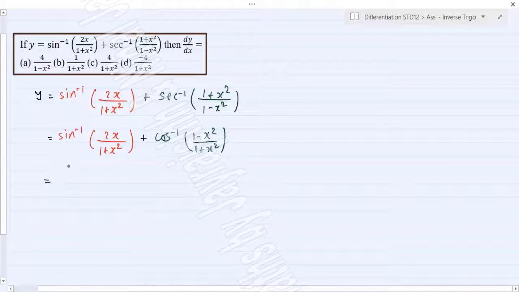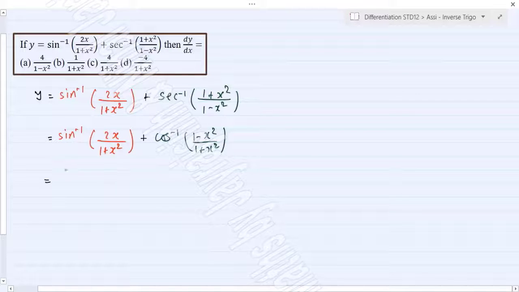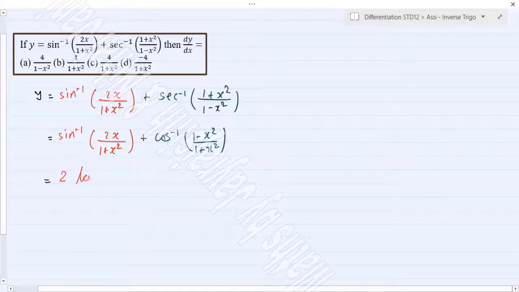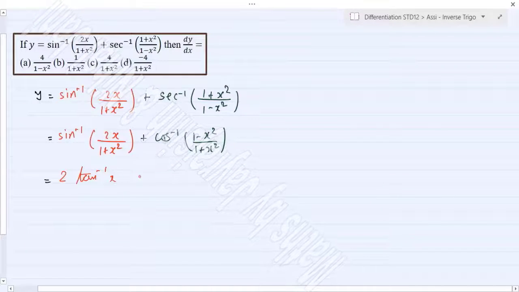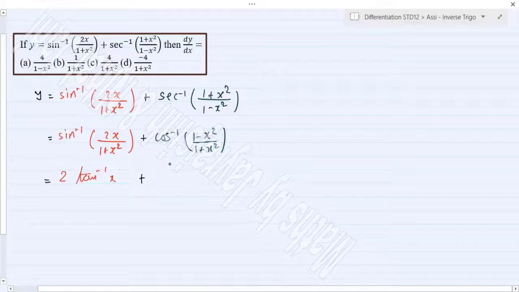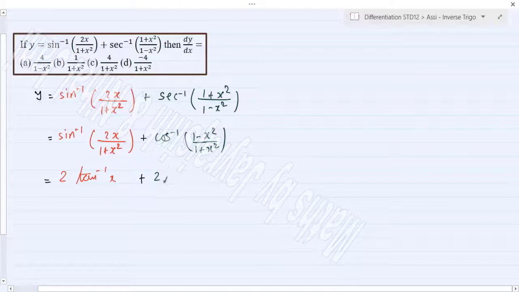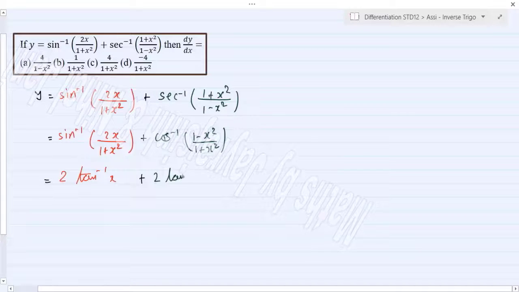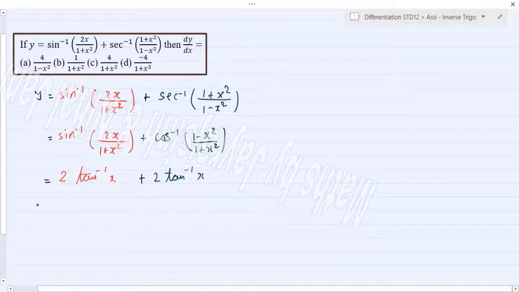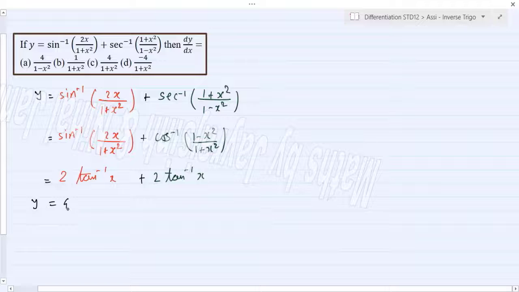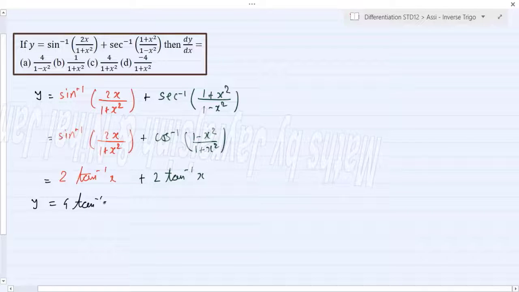Now, as we know, sine inverse of 2x upon 1 plus x square is simply 2 tan inverse x, plus cos inverse of 1 minus x square upon 1 plus x square is also 2 tan inverse x. So we'll get y is equal to 4 tan inverse x.